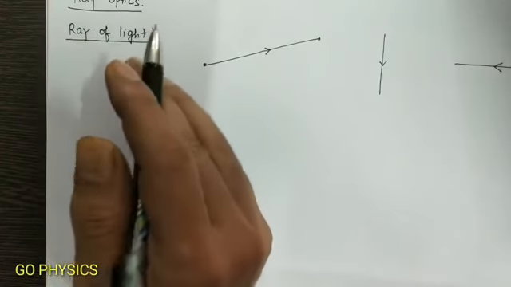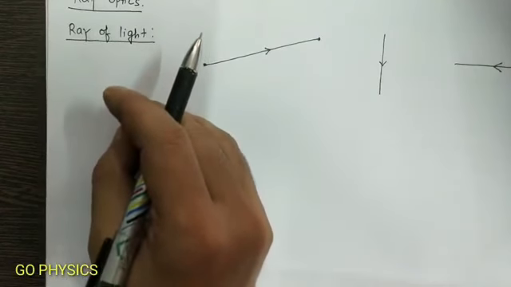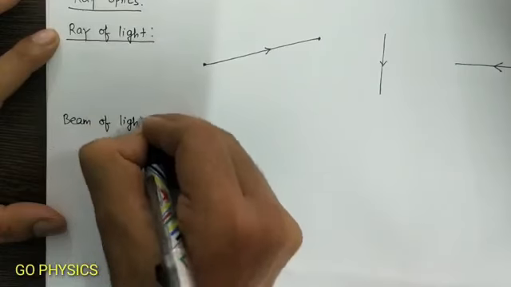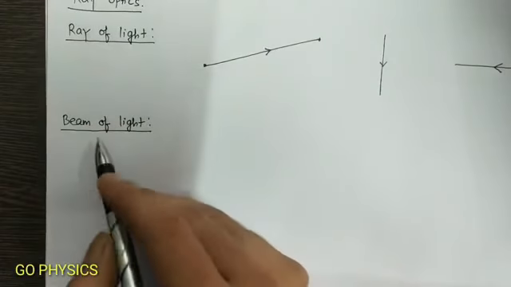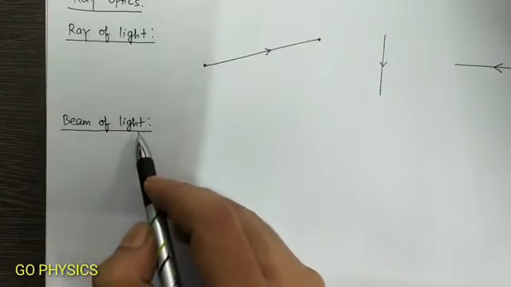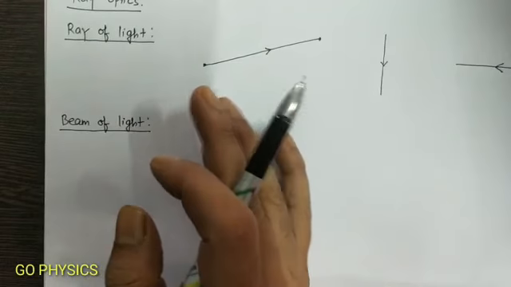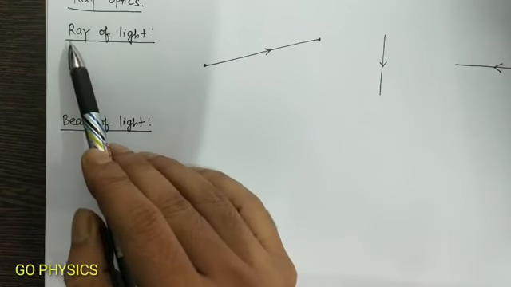Now let's see a new topic called beam of light. Beam of light, sometimes we also call it light beam. A beam of light is actually a bundle or group of light rays.